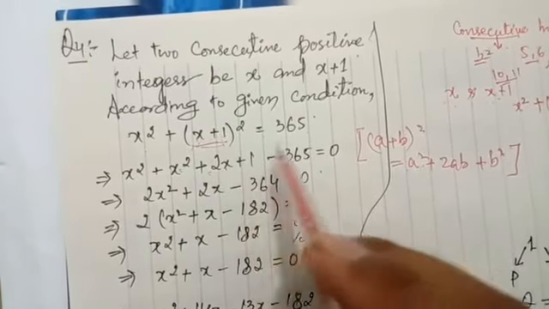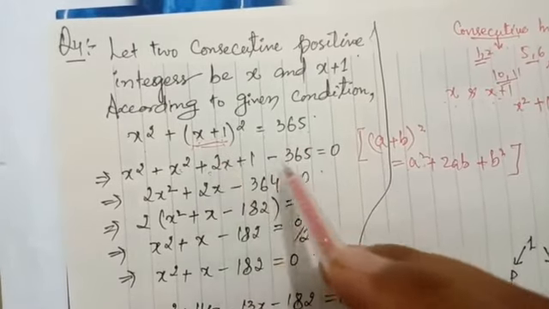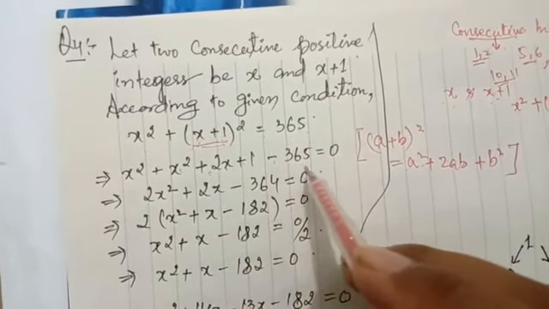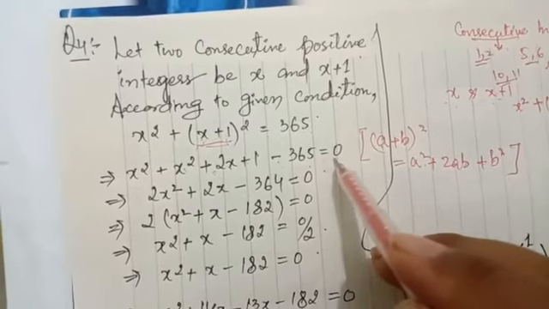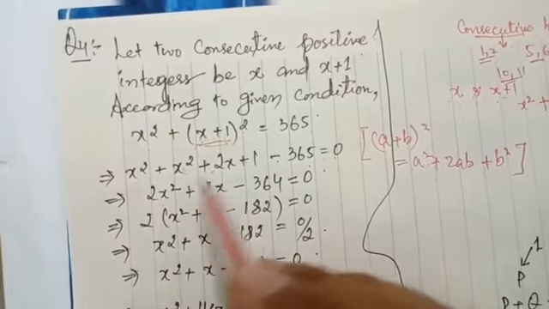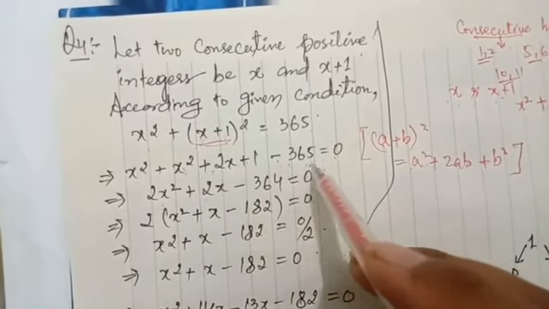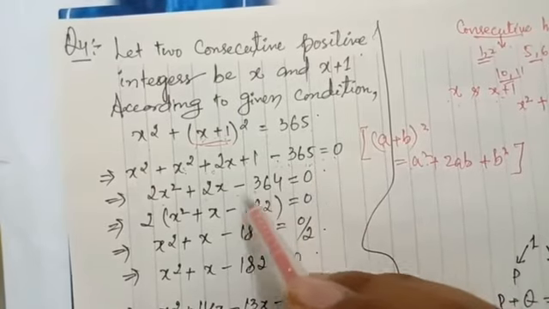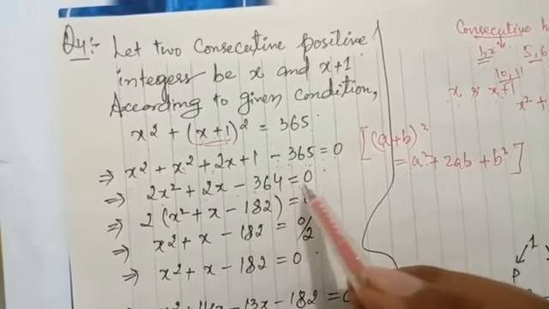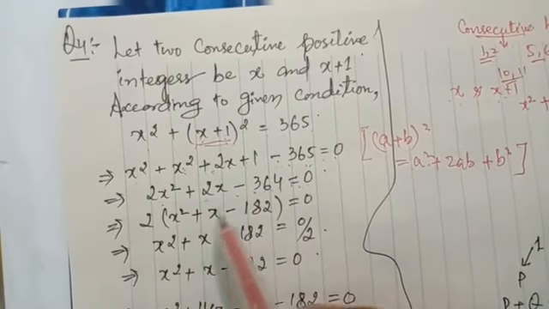Then I will transpose 365 to the left hand side, it will become minus 365 equal to 0. Then x square plus x square is 2x square, plus 2x, then plus 1 minus 365 is minus 364, equal to 0. Now I will take 2 common out of all these three terms.